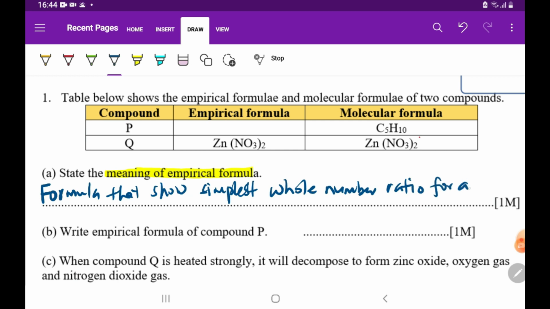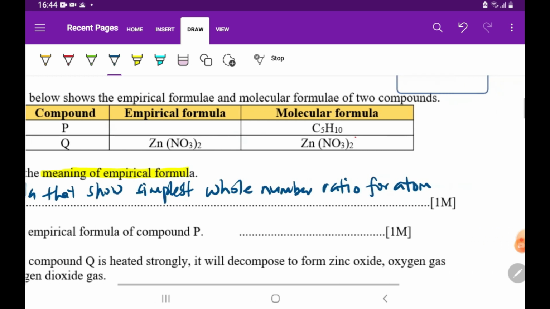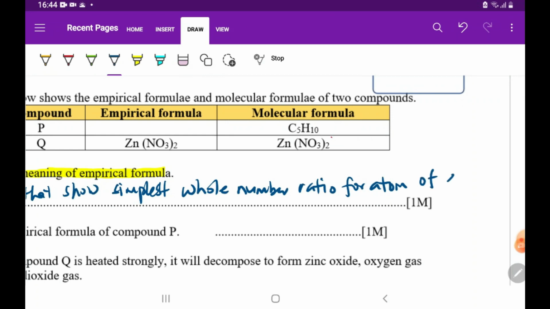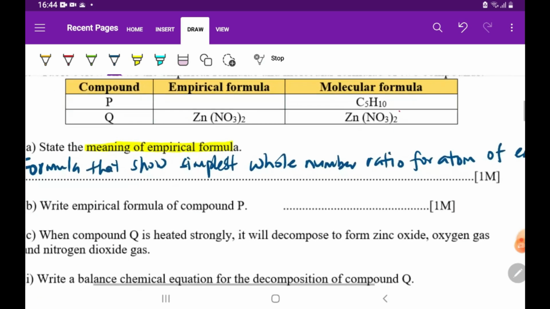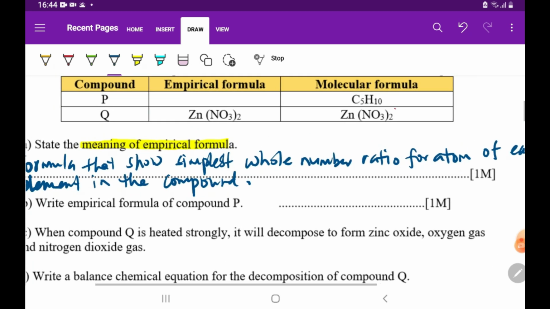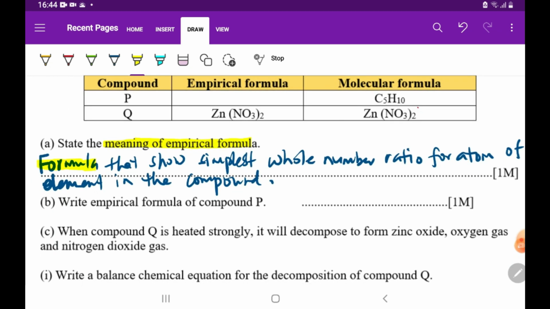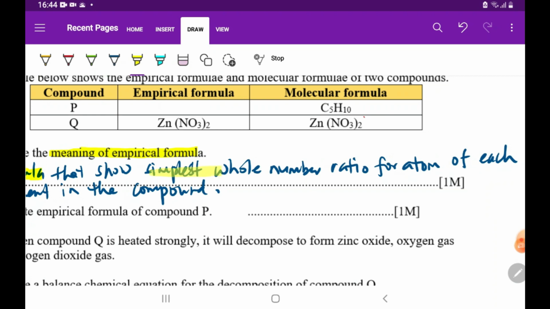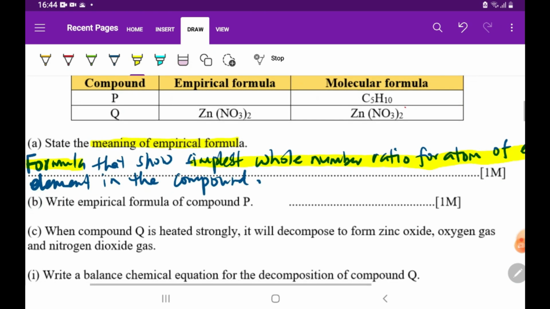For atoms of each element in the compound. Okay, so remember, it is the shortest one. Okay, it must be a formula that shows the simplest whole number ratio for atoms of each element.